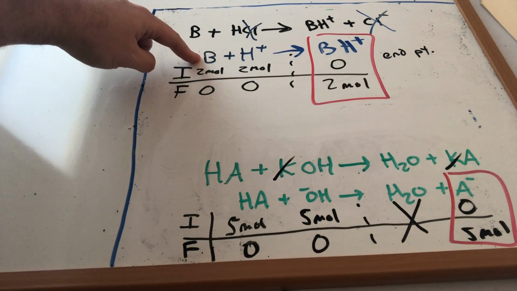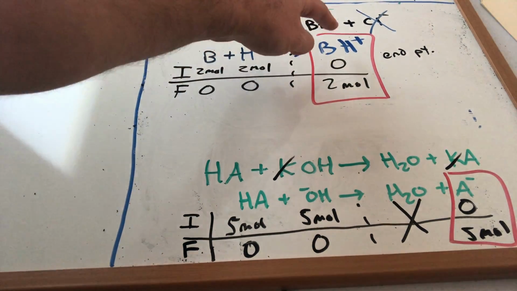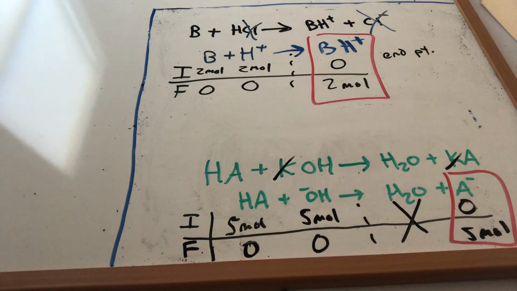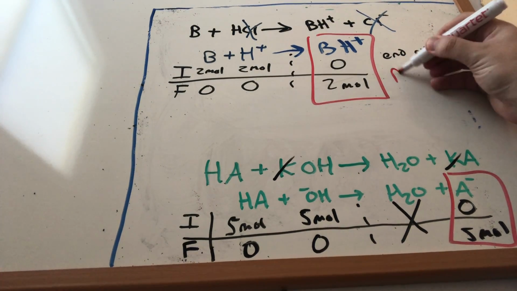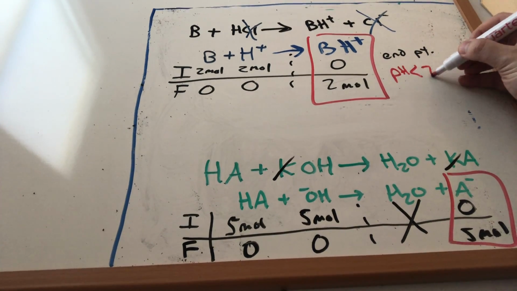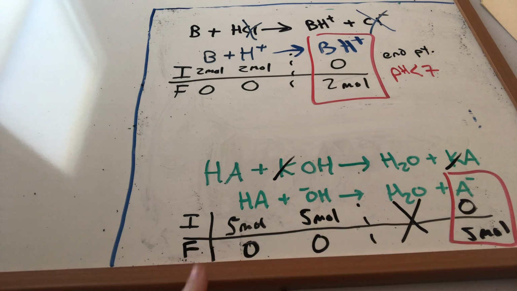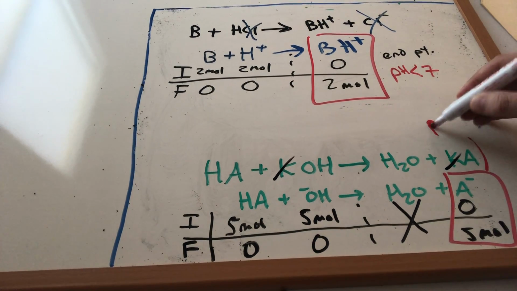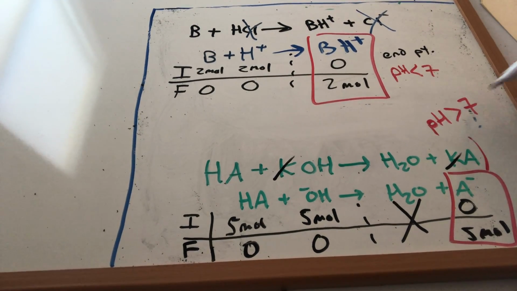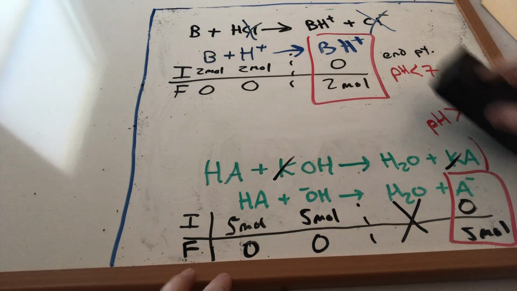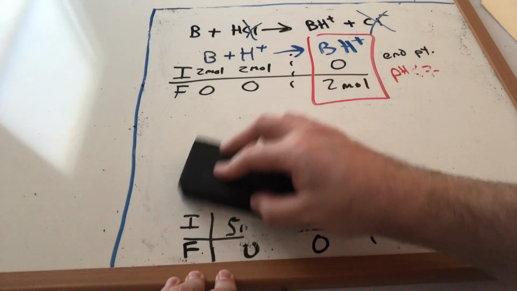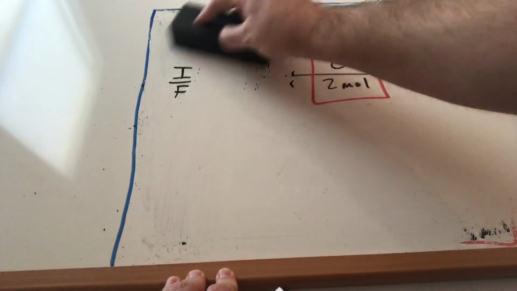I start off with a base. I make a conjugate acid. The end point is going to have, in this case, a pH that's less than 7. Bottom example. When I do this complete conversion, the end point makes A minus. This is definitely a conjugate base. At the end point, my pH is going to be greater than 7. Okay? We can encapsulate all these ideas with what's known as a titration curve.